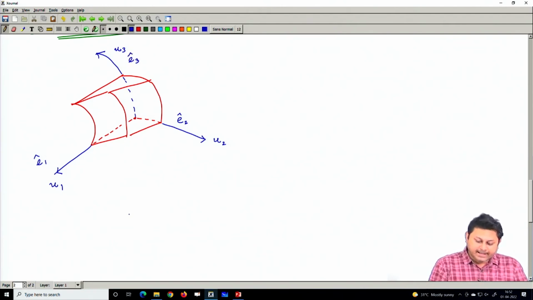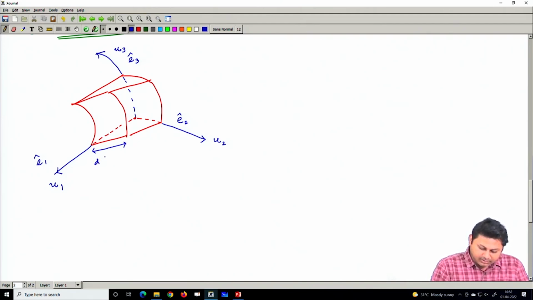Okay. And if I now calculate these lengths, for example from here to here, this length is ds2 and that value is h2 with the scaling factor, that is the important thing, du2.